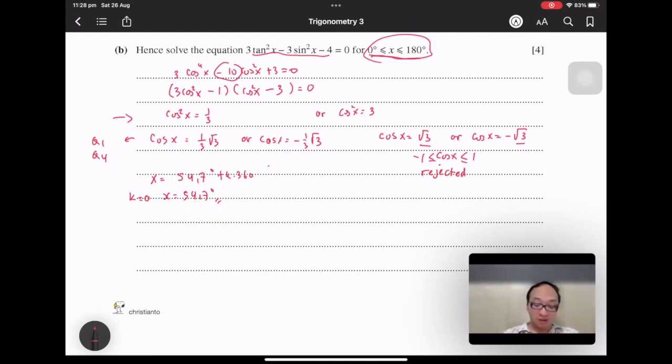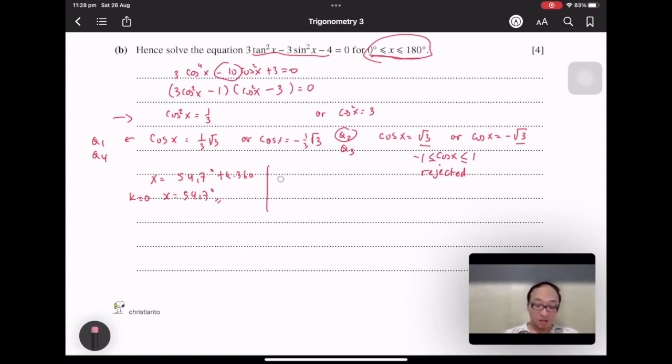And from this one, cos is negative in the second quadrant and third quadrant. But again, the answer should be in the first quadrant and second quadrant. So we take the second quadrant only.